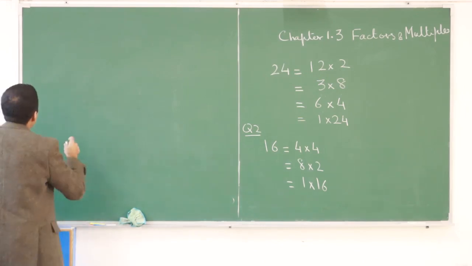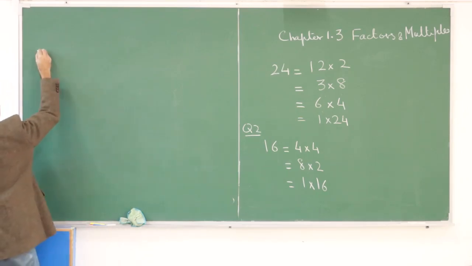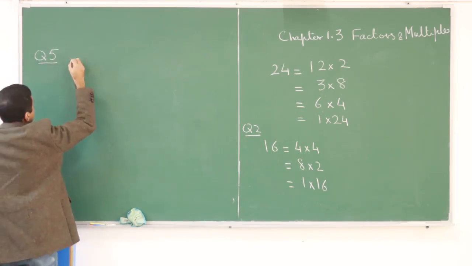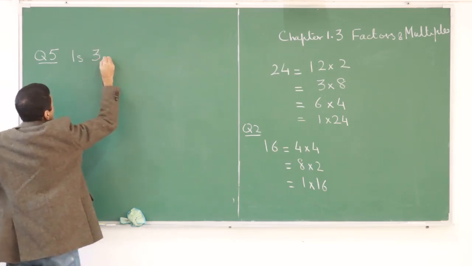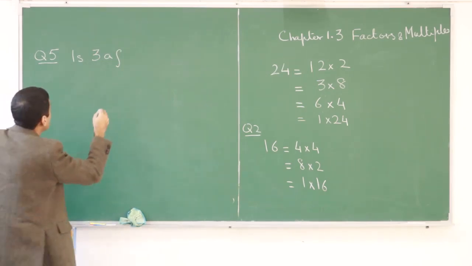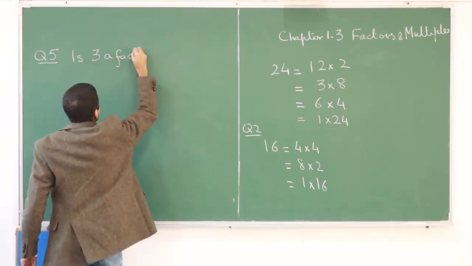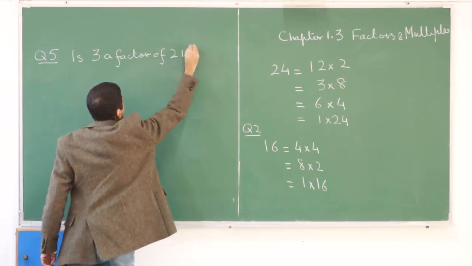This is question number 5 from the book. Is 3 a factor of 21?